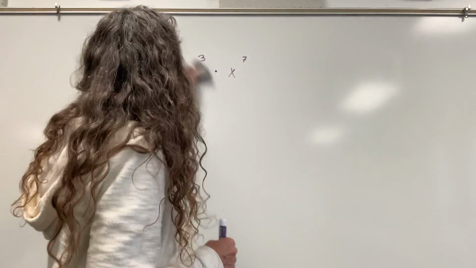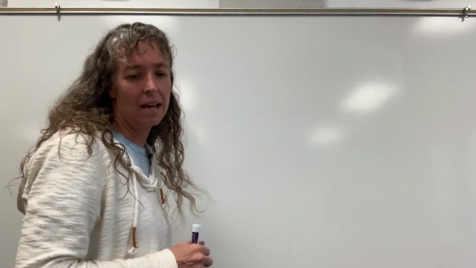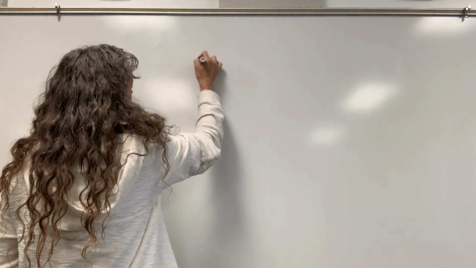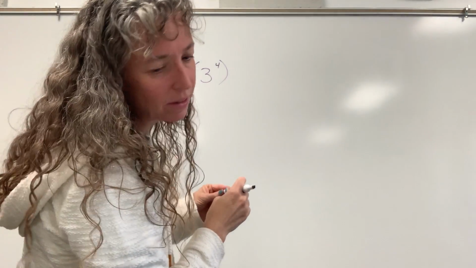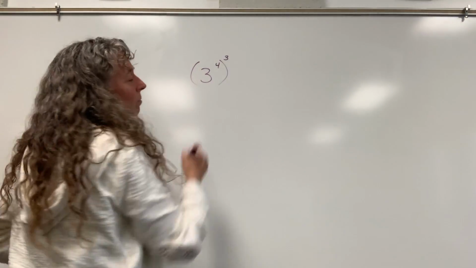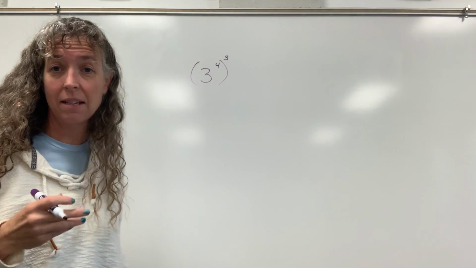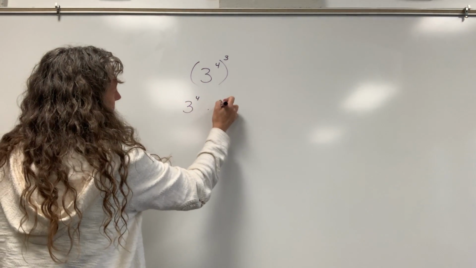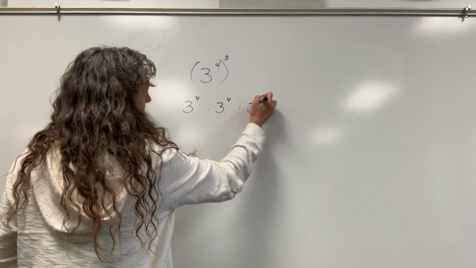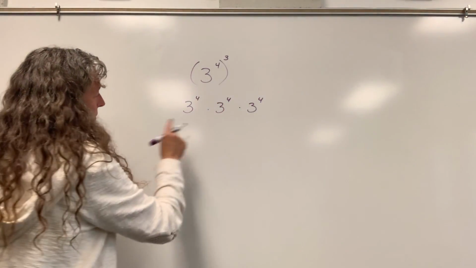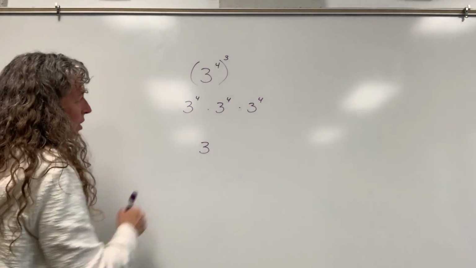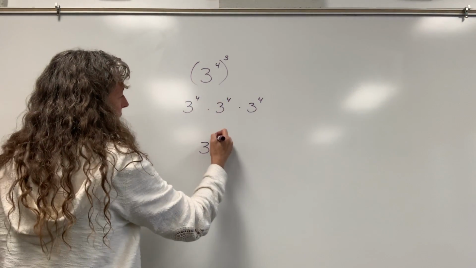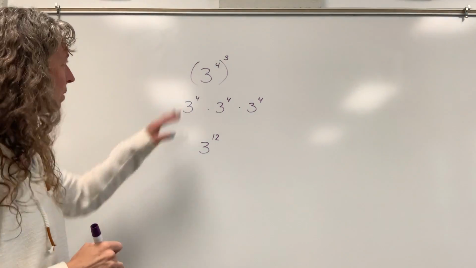All right. Let's look at example number 2. 3 to the 4th to the power of 3. I'll show this out longhand and then I'll give you the short way to do it. This really means 3 to the 4th, 3 times. Remember, if our base is the same, we add our exponents: 4, 8, 12.